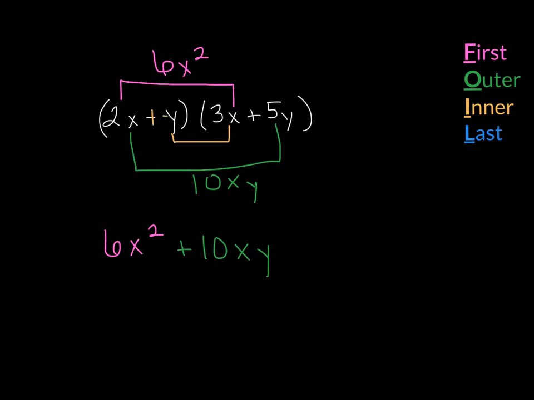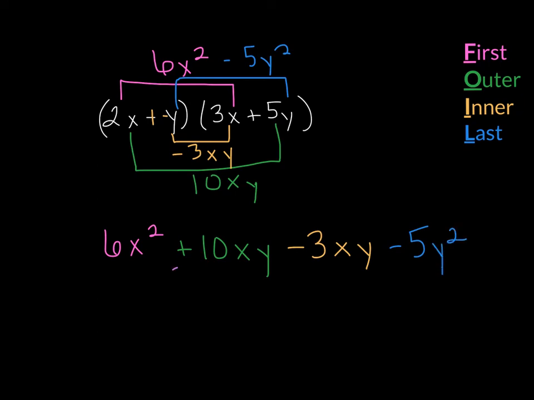Remember, this is plus a negative, so negative y times 3x is minus 3xy. And the last, negative y times 5y is minus 5y squared. Then we need to combine these middle terms. So 6x squared plus 7xy minus 5y squared.